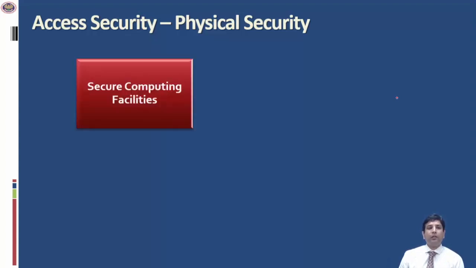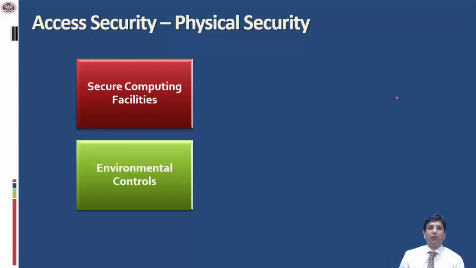We look at the security of computing facilities, whether the premises is locked, whether there is a security guard who is available, how are data centers protected from unauthorized access, are there cameras, are there CCTVs which record who is entering and who is using the facilities. Many times it is also possible that there could be biometric controls, and depending on the criticality of the infrastructure, the level of controls or the number of controls could be higher.